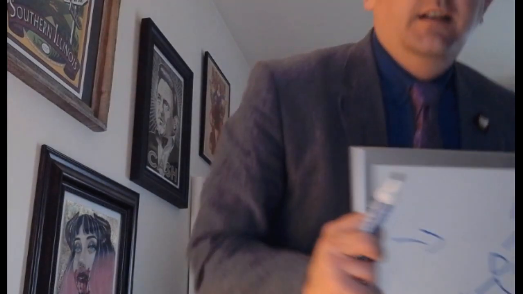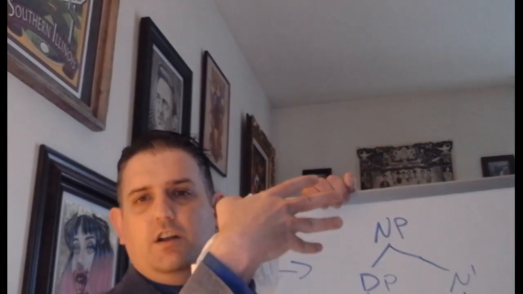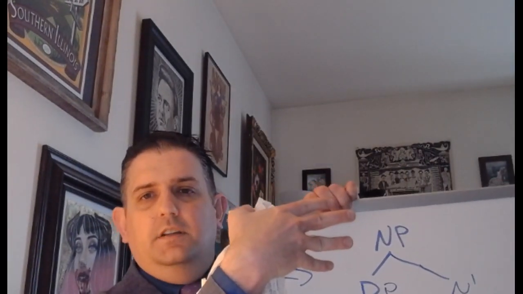Well, we're going to do something a little bit more radical. Rather than saying that the noun phrase is the head of a noun phrase, what if we said it's actually this DP, this D, that is really laying on top of this noun phrase?